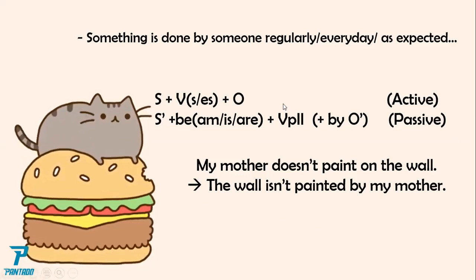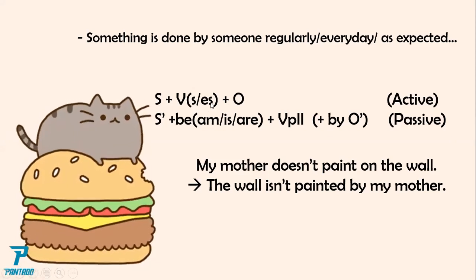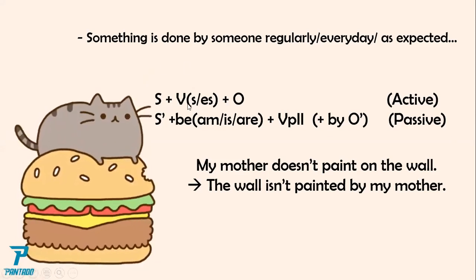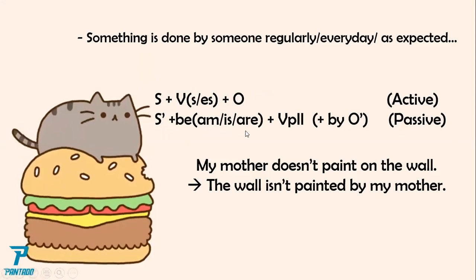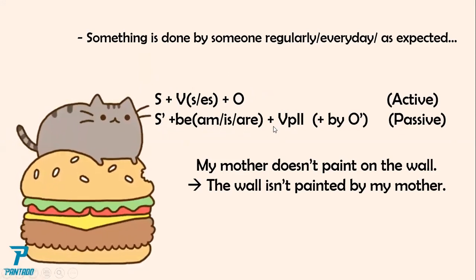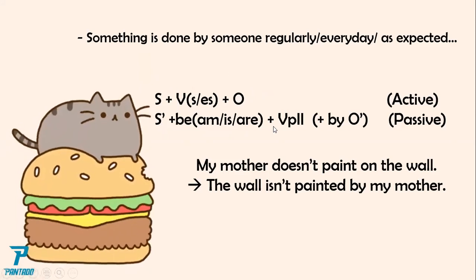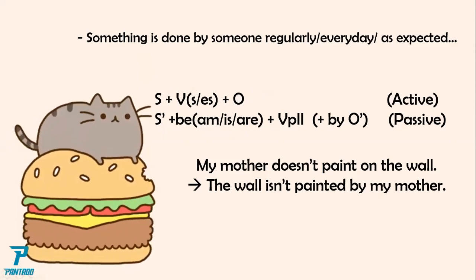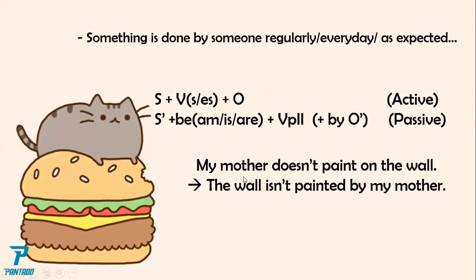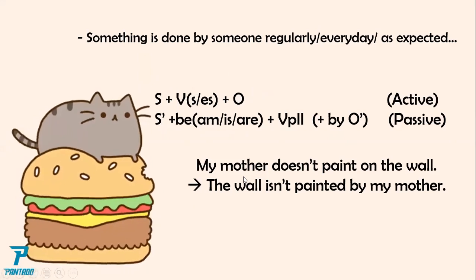Here, we have the subject, verb, and object in the present simple tense, and then we can change it to passive: subject, to be, like am, is, are, for example, and then we have the verb in participle form, and then by an object.